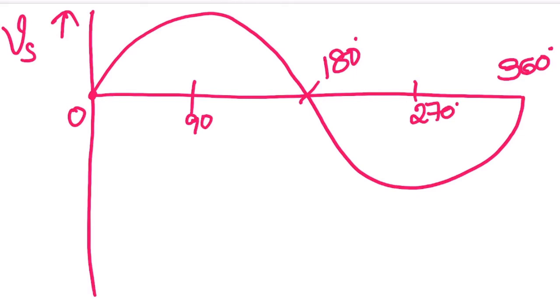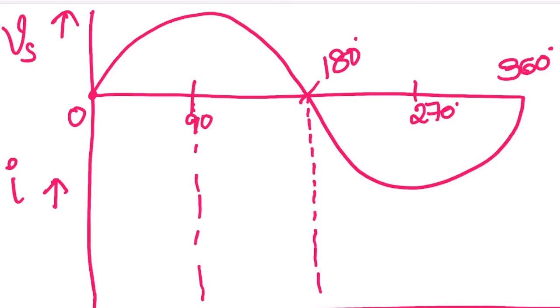Now I draw the source current, diode current or inductor current, which are all the same, I. At 0, the current is 0.